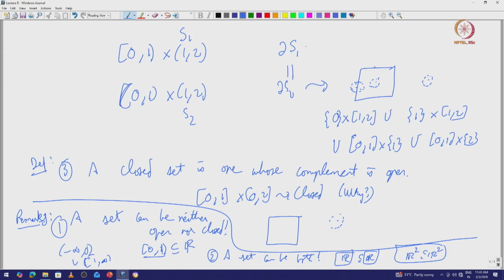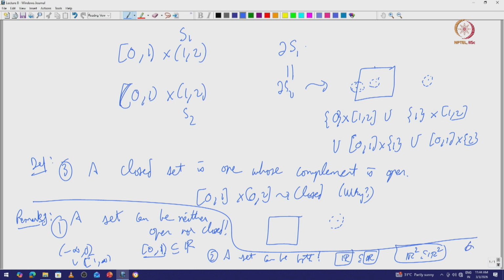If you take any point and any ball around it, it will lie within all of R2. It is closed also. Why? Because its complement is the empty set. An empty set is trivially closed, right? Why is it closed? Because the complement of the empty set is open, right? By the way, the empty set is both open and closed.